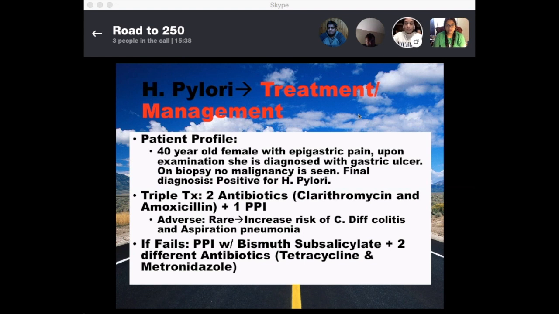And to keep in mind, an adverse effect that occurs as a result of taking bismuth is that bismuth is actually insoluble. Bismuth subsalicylate breaks down or becomes metabolized into bismuth sulfide, and that is insoluble.